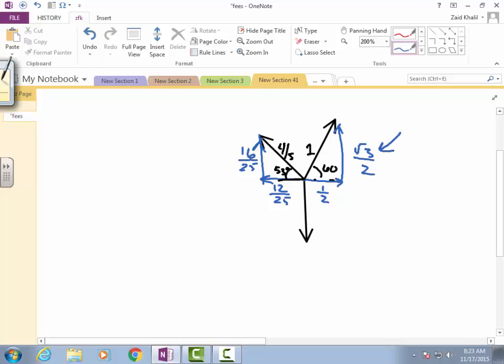What's √3/2 roughly? Anybody know? What's √3 approximately? Anyone have a way of estimating √3 as a fraction? Well, consider this. What does the square root of 3 mean, guys?